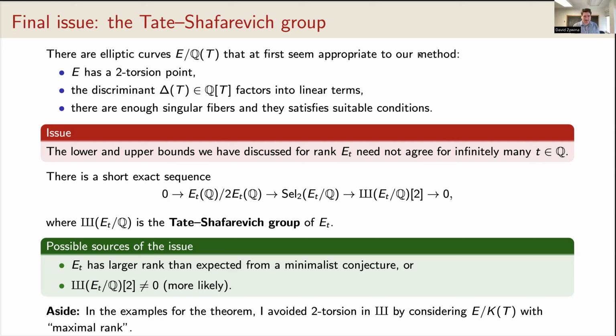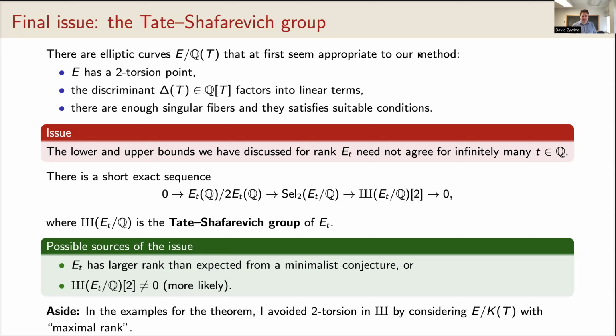So here I just have an exact sequence, the rational points of E_T mod 2 going into a Selmer group with quotient kernel. And that is the 2 torsion of what's called the Tate-Shafarevich group. And so why might you not get lower bounds equal to upper bounds? Well, there are 2 possibilities, and I guess it could also be both. One is there are more points than you think.